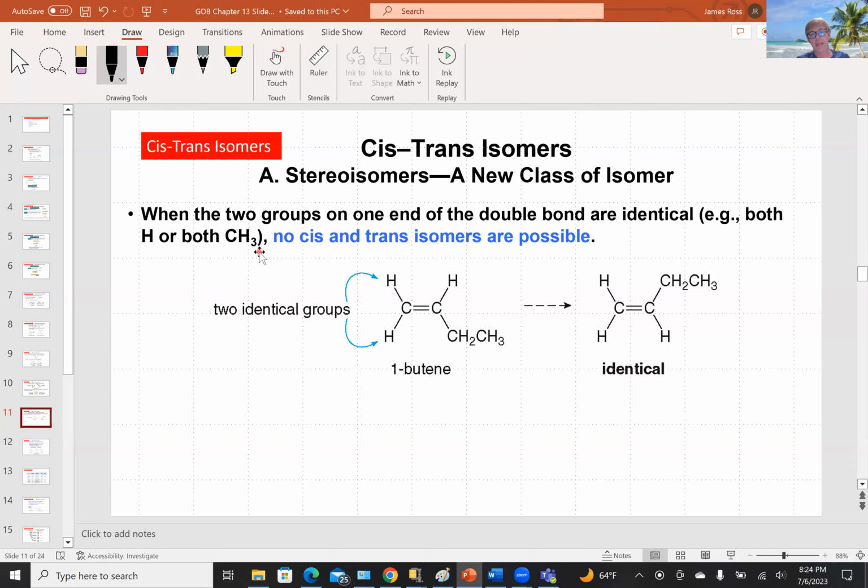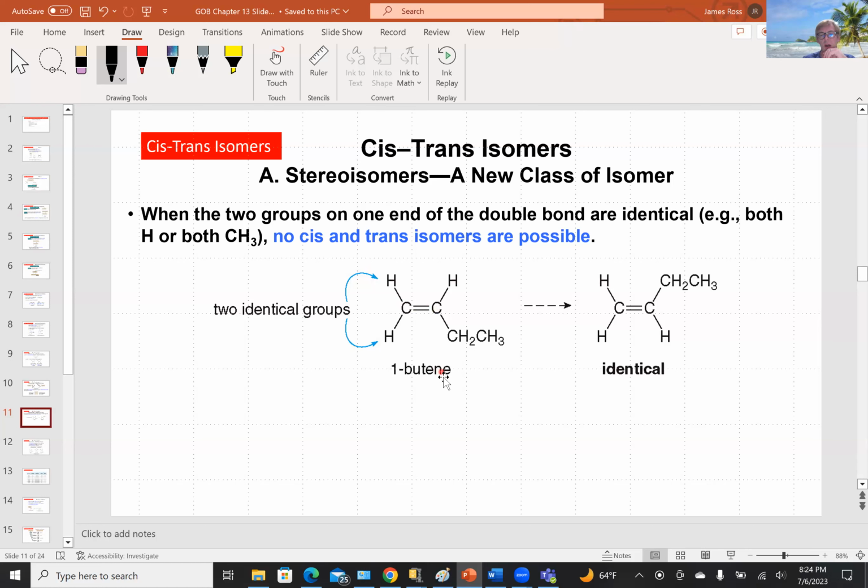Not all alkenes have cis-trans isomers. There has to be a qualifying component to your structure. For example, we've just seen that 2-butene does have cis and trans isomers, but 1-butene does not. And you can see why.